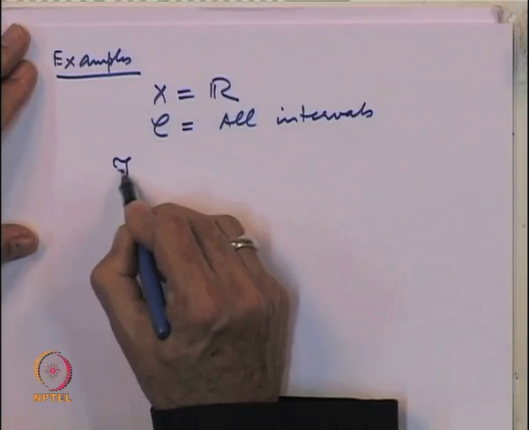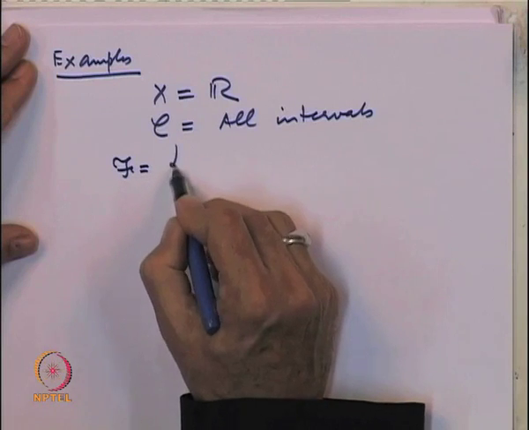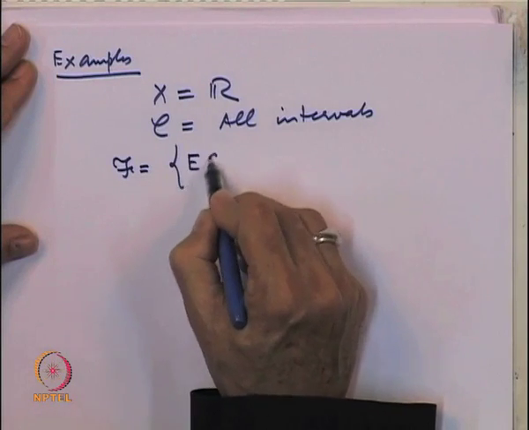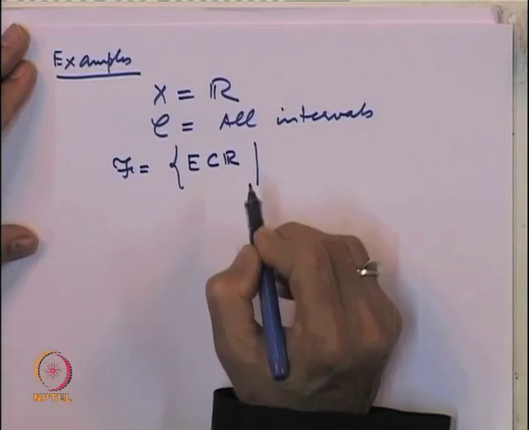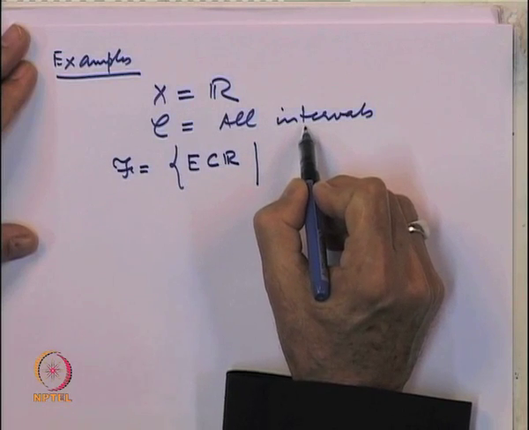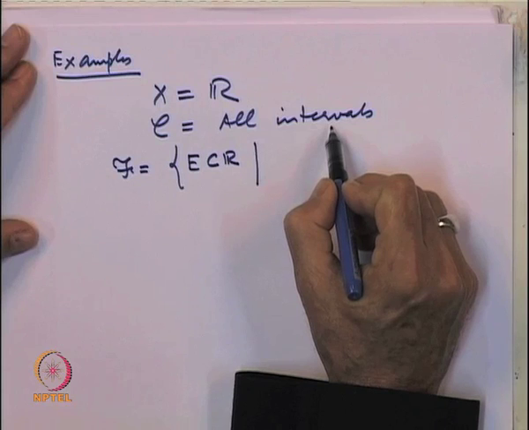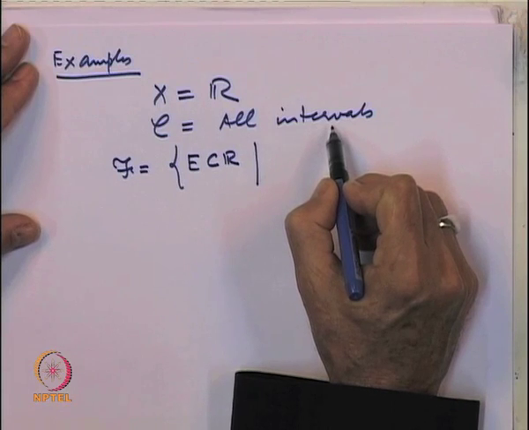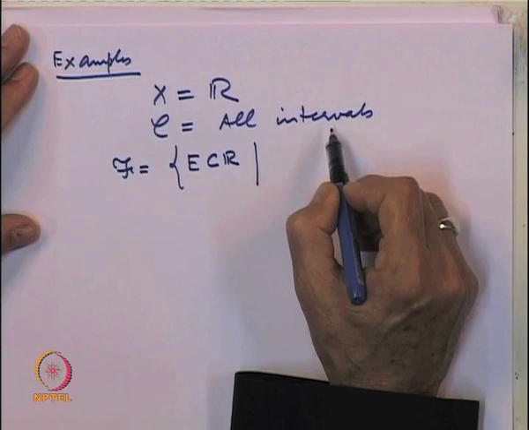Let us write F to be the collection of all subsets of the real line such that, look at this: the collection of all intervals was not an algebra, because the complement of an interval need not be an interval, but it looked like a union of two disjoint intervals.